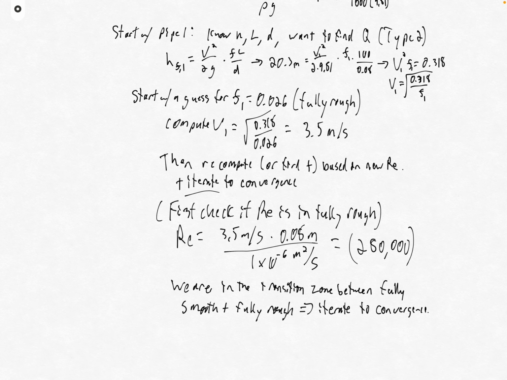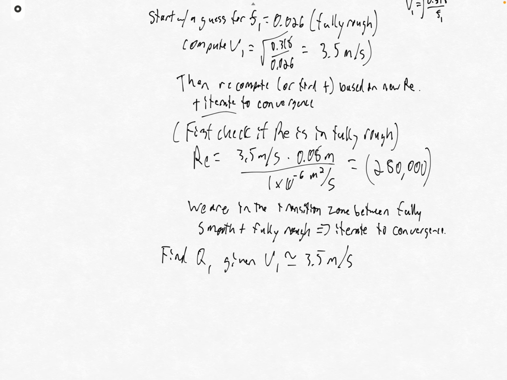I think in your text, it says they're using the Moody chart, but then they give answers to 3 significant digits, which isn't really possible with just the Moody chart alone. So let's just say V1 is 3.5 meters per second. And now we're going to find Q1, given V1 is approximately 3.5 meters per second.